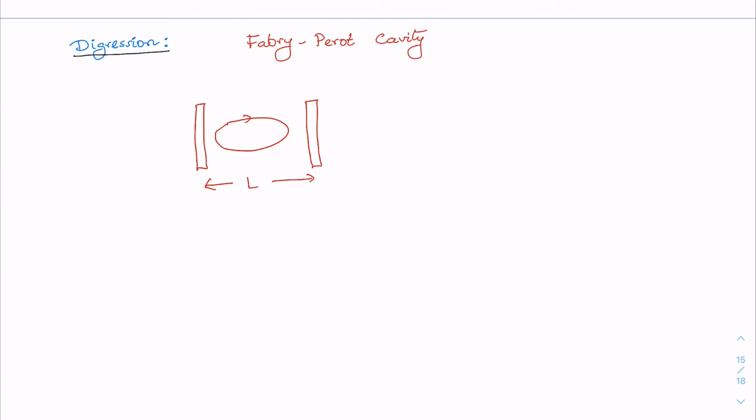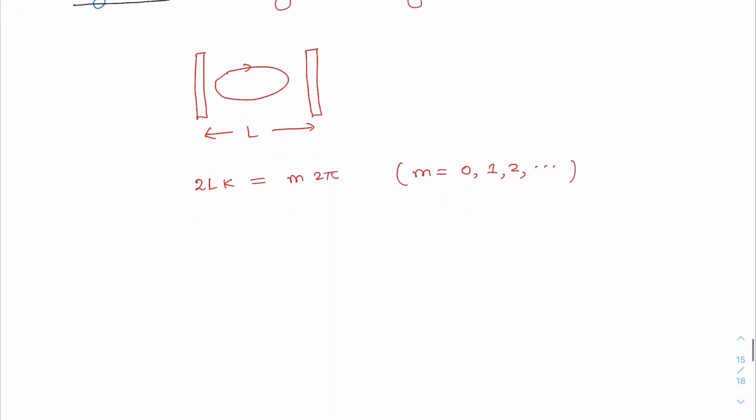Because in one round trip the total length covered would be 2L, the phase would be 2L into k, where k is the wave vector, and that has to be an integral multiple of 2 pi. So 2kL = 2 pi m, where m is an integer, say m is equal to 0, 1, 2. And this is the condition.